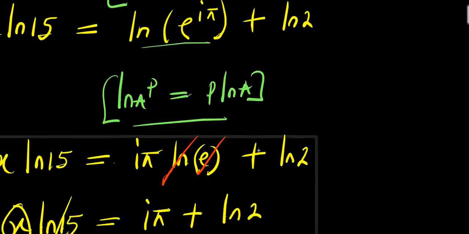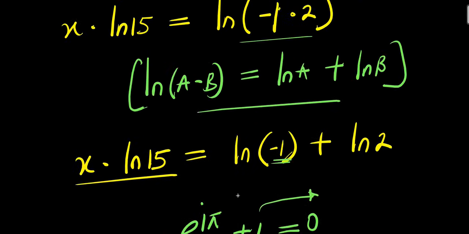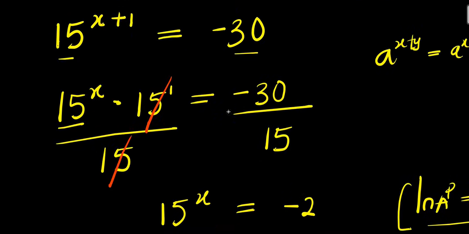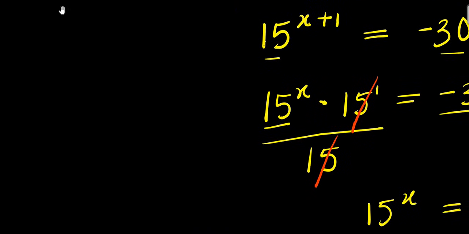So from here, we can consider another approach using another solution for negative 1. Remember, the equation remains 15 power x plus 1 equals negative 30.